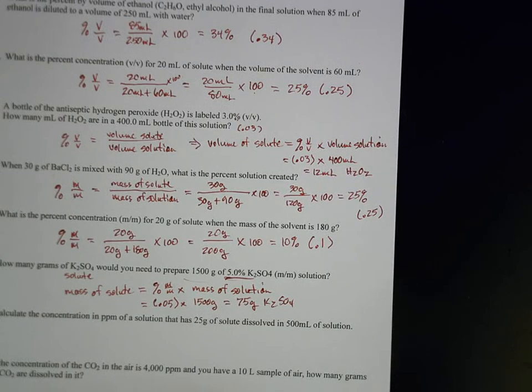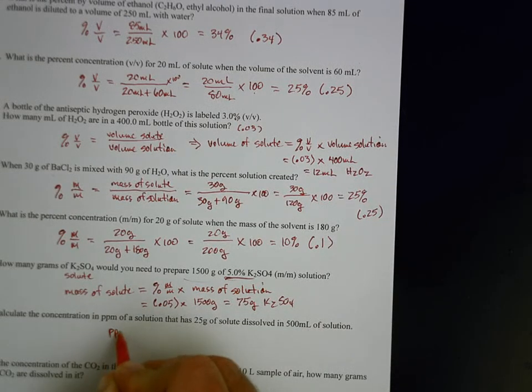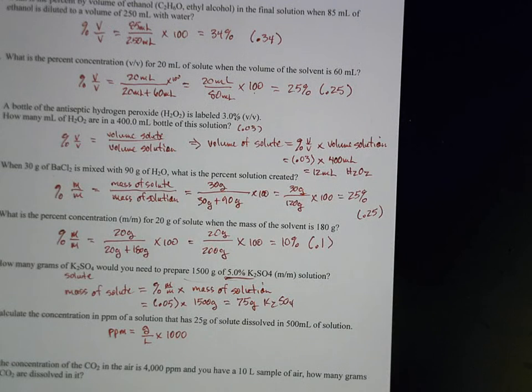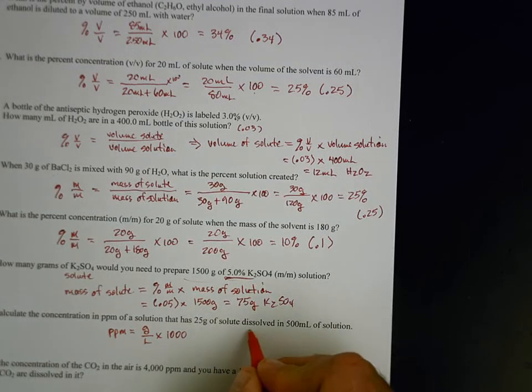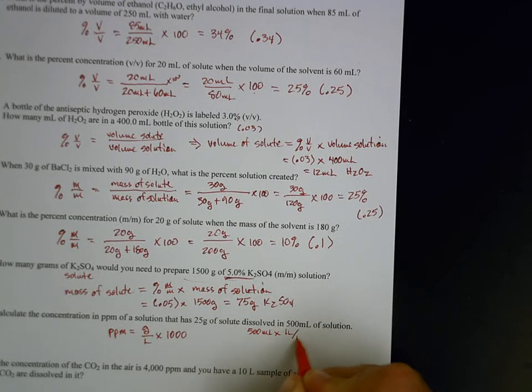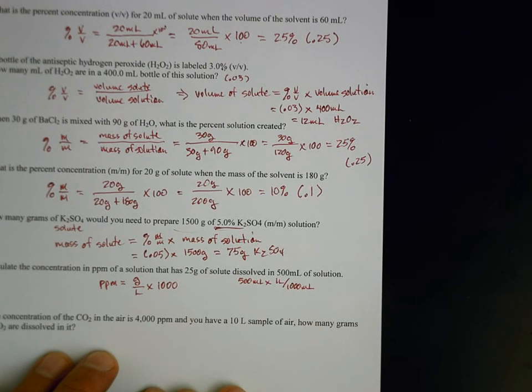So in number 7, we're going to use the fact that parts per million is grams per liter times 1,000. So we're going to use that version because what they told us was 25 grams. Now note I have 500 milliliters, but I can change milliliters into liters by simply dividing by 1,000.